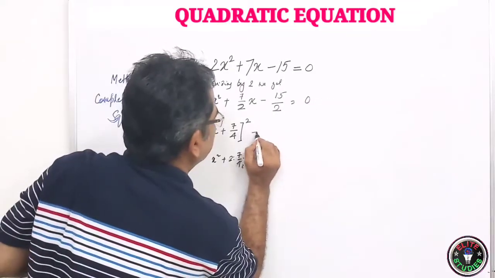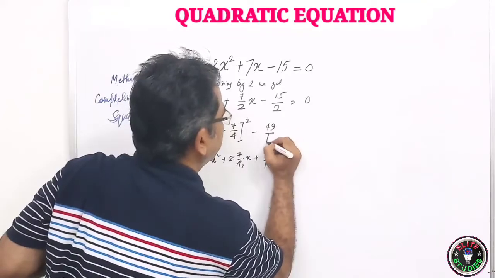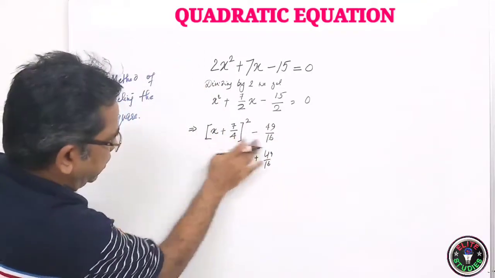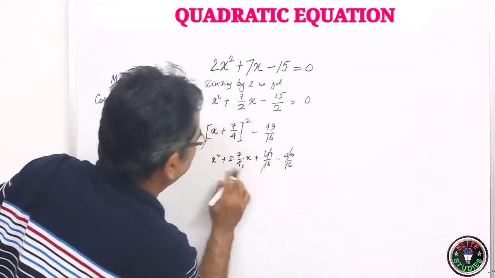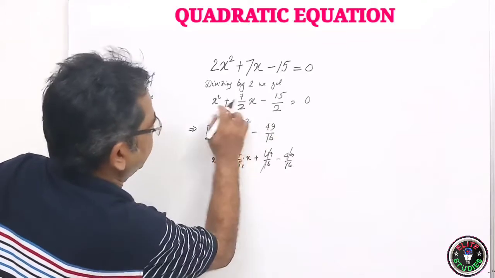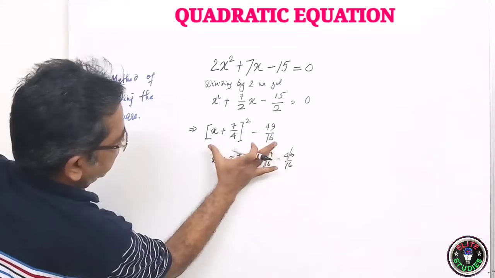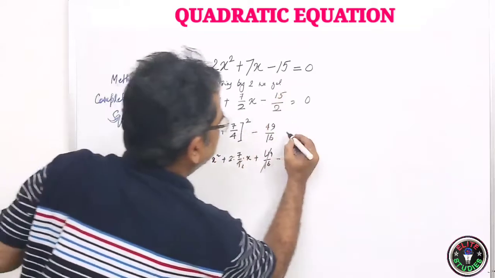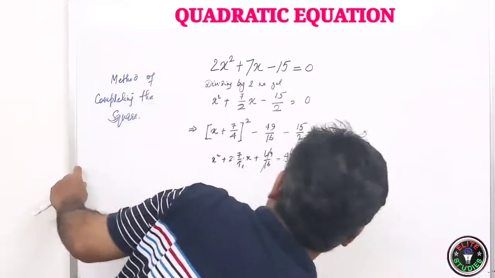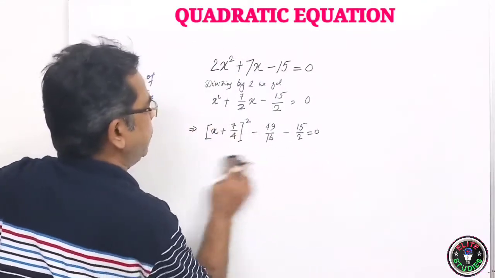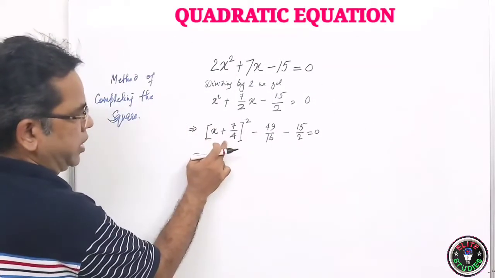You just subtract 49 by 16. It cancels out. Now you are left with x square plus 7 by 2x, minus 15 by 2 is equal to 0. In this method, this is the most important step.